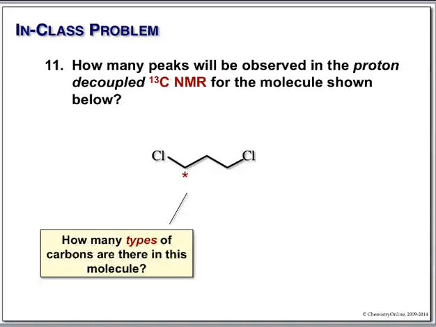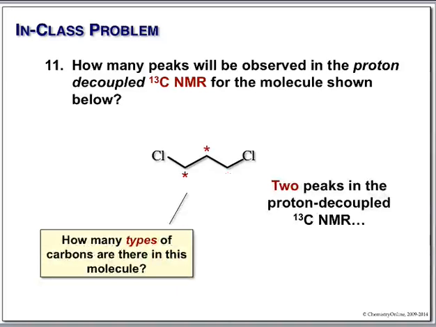We have another one over here, but it's identical to that one, isn't it? Therefore, that one doesn't count. And this guy in the middle is unique, different than each of these. So we are stuck here with 2 different types of carbons, 2 peaks in the proton decoupled NMR.